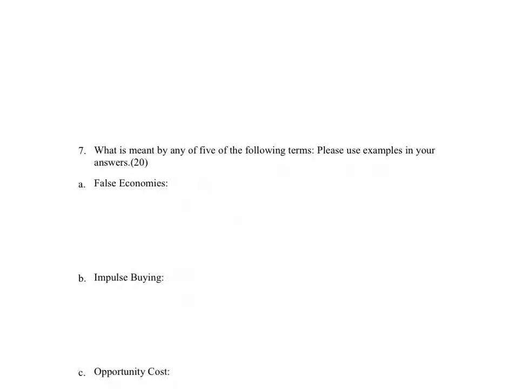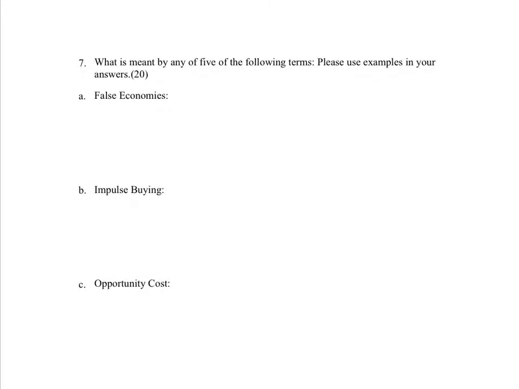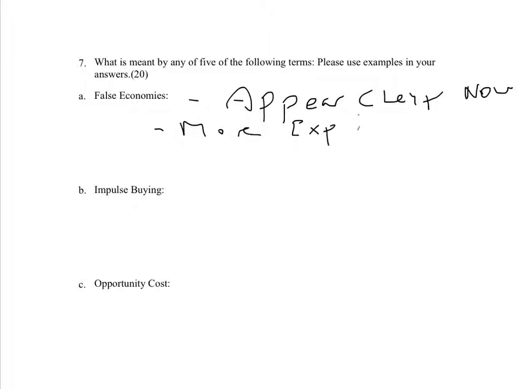So, question 7 then says, what is meant by any 5 of the following terms? And please use examples in your answer. So the first one asks you for false economy. This is when it appears cheaper now, but more expensive in the long run.